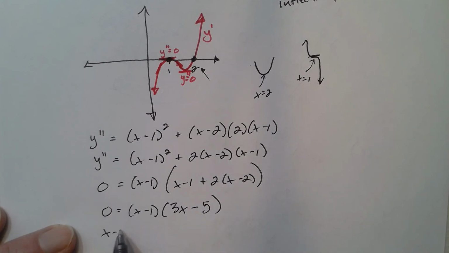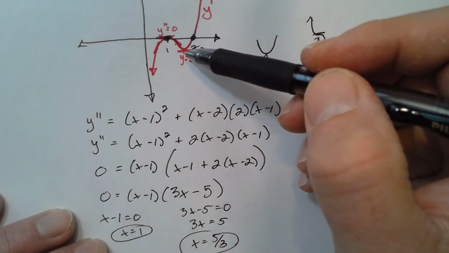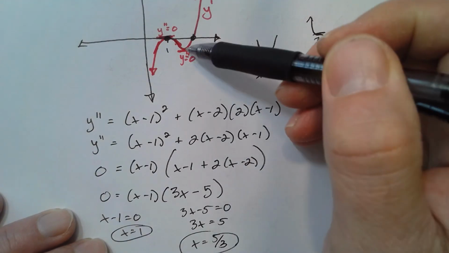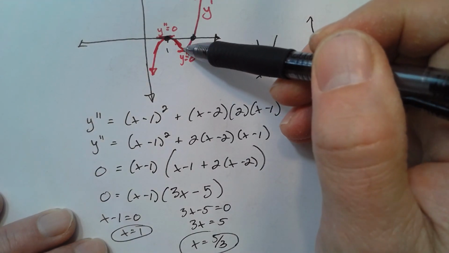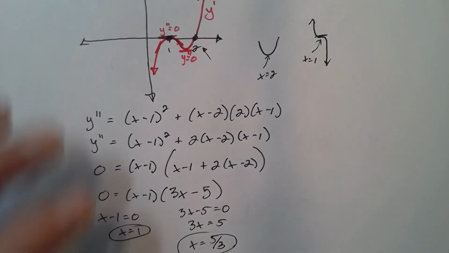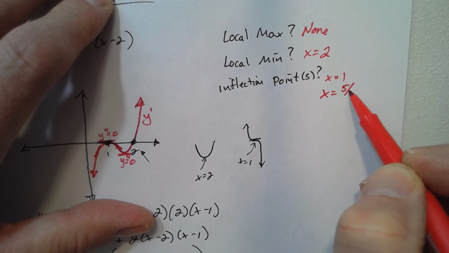You can set those both equal to 0. We get x equals 1 as one inflection point, which we already knew. So 3x equals 5, so x equals 5/3. And looking at my little sketch, 5/3, 1 2/3, that looks like 1 2/3 to me. So we do have an inflection point also at x equals 5/3.